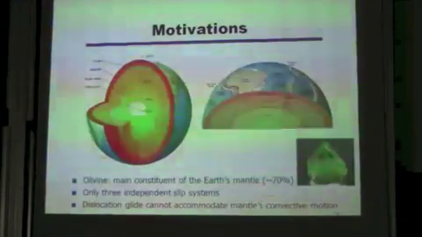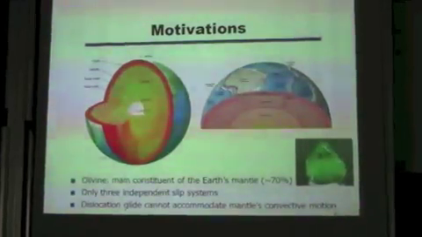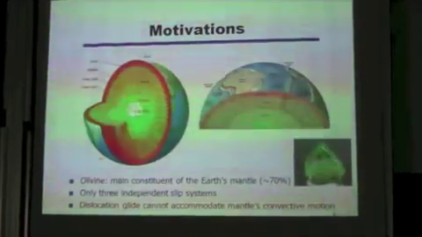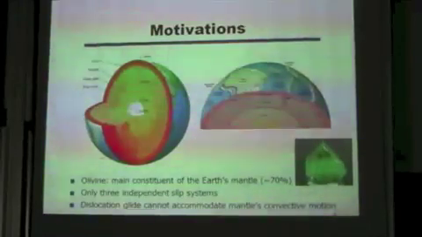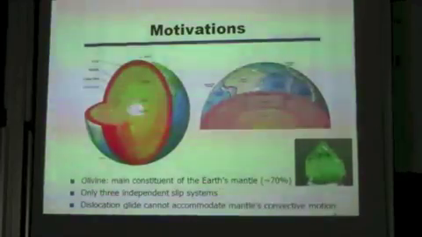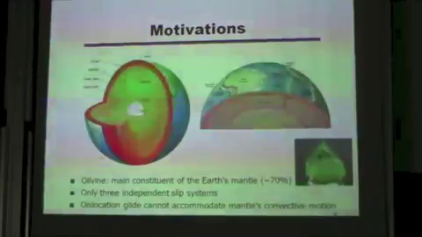Second motivation is in this domain of geophysics. You may know that the Earth's mantle is mainly constituted by olivine, which is a silicate, and it's about 70% of the Earth's mantle. The problem is that olivine is an orthorhombic material with only 3 independent slip systems.